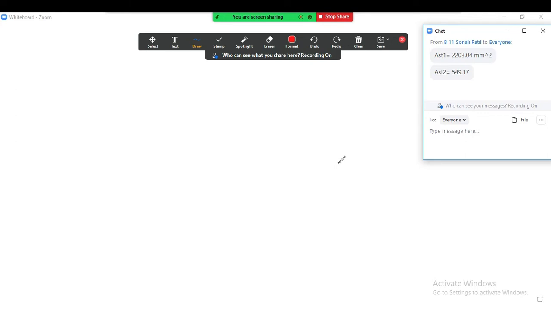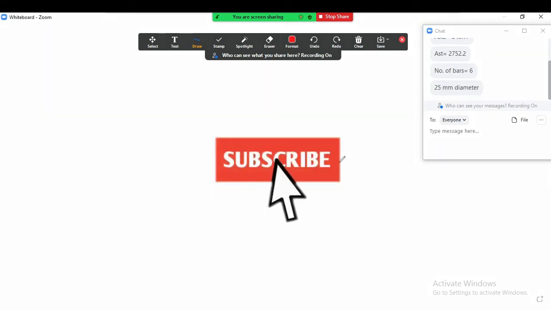Now the total area of steel, and if we provide the number of bars, let me know. 2752.2. Okay, how many bars and which diameter have we used? Number of bars 6.